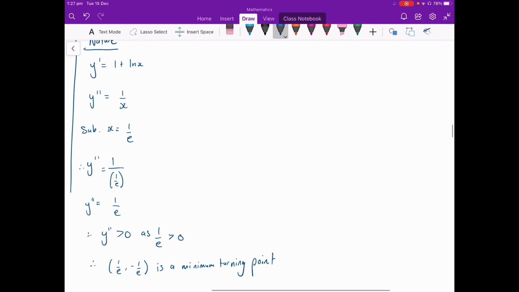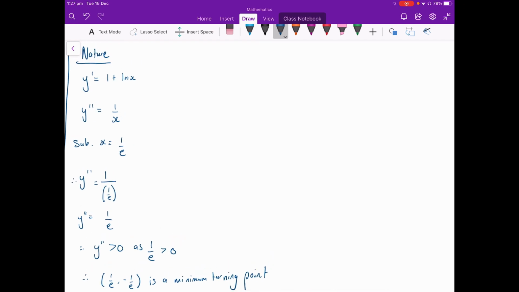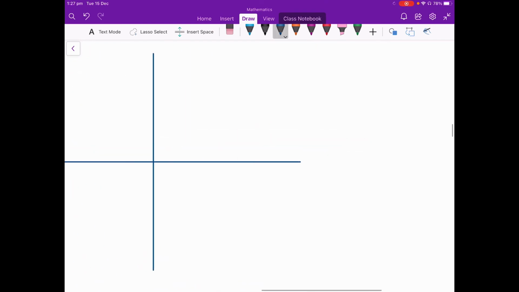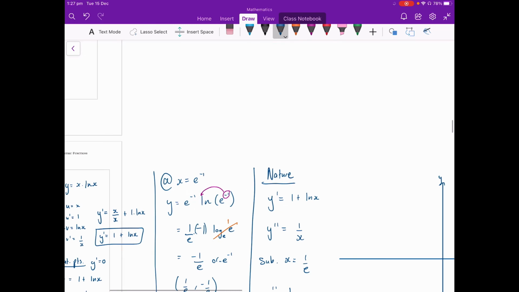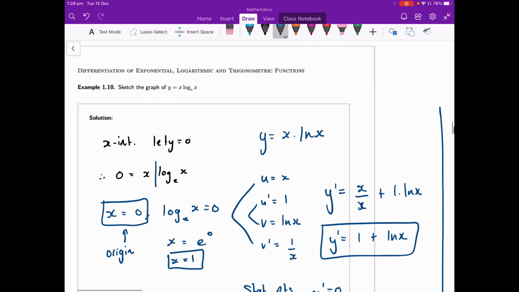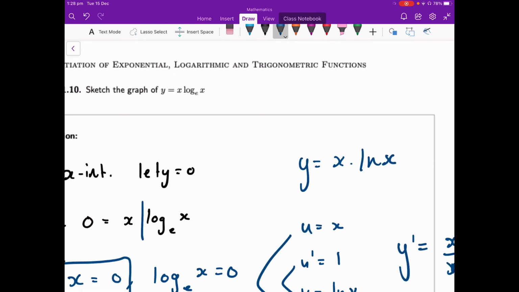Okay, so if I were to sketch this now, there is a restriction actually in the question. I'm never going to have x being negative, because x must be greater than 0.